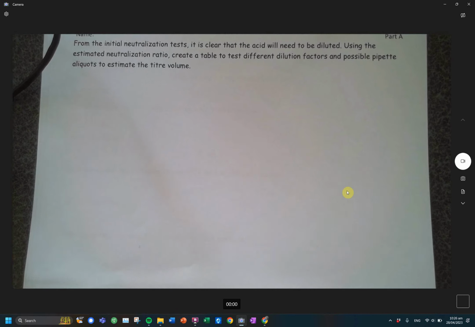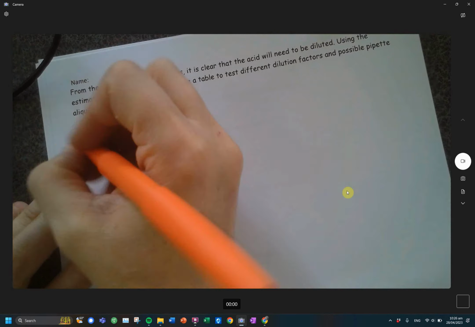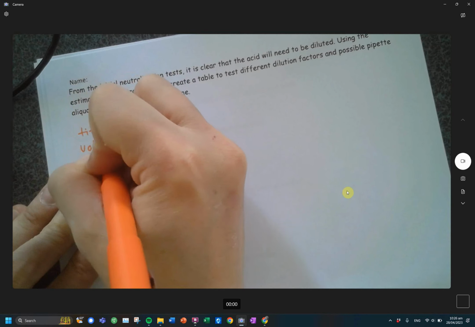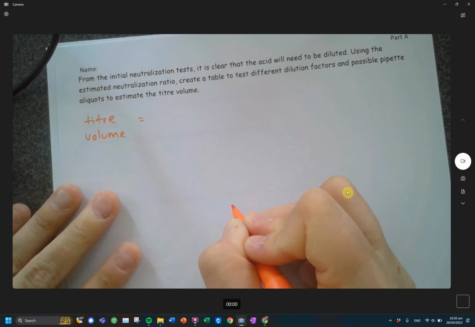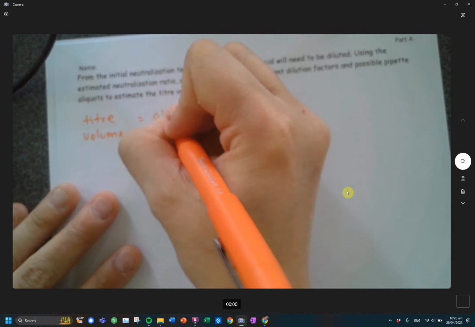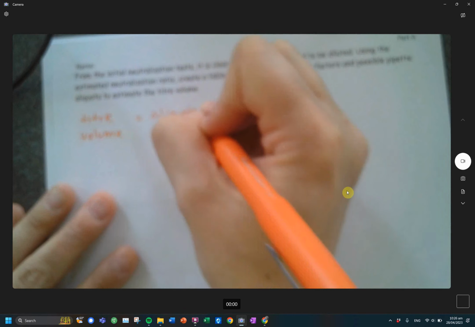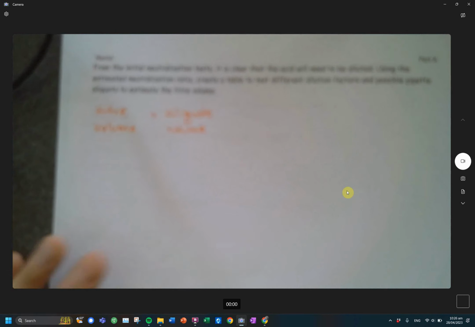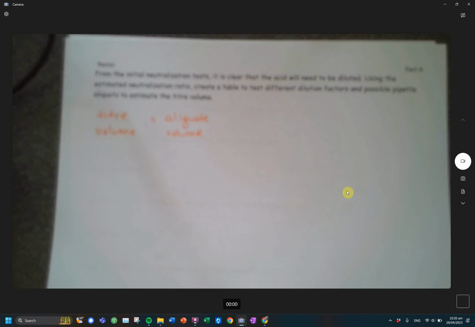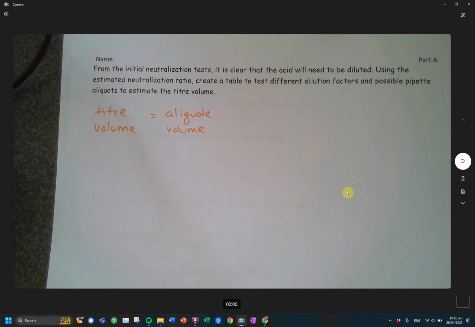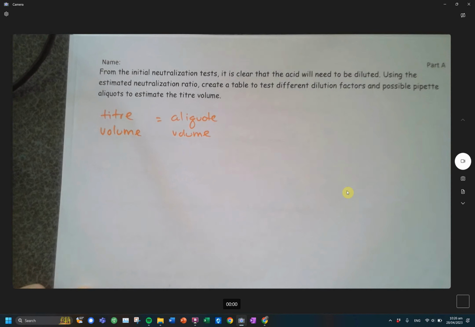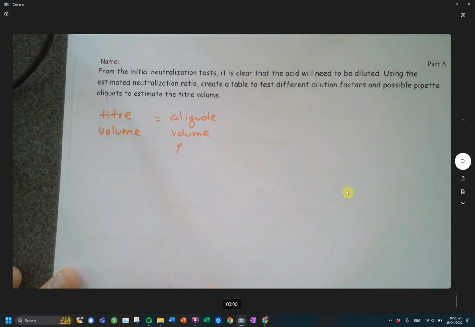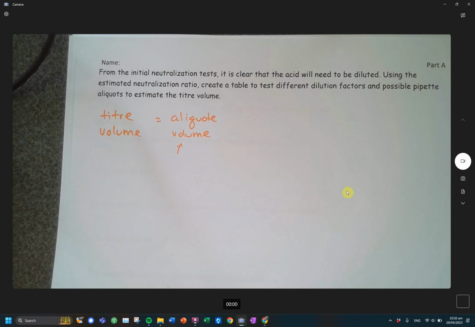So in order to do that mathematically, we can figure out what the estimated titrate volume is if we take our aliquot volume. And just as a reminder, when we take the aliquot volume, we are talking about pipetting the diluted acid.